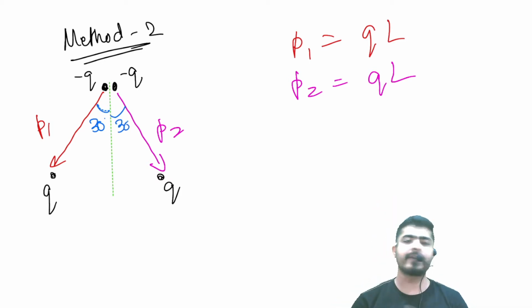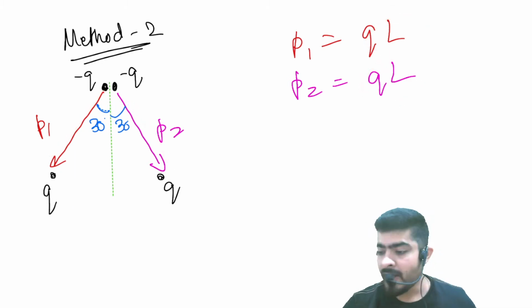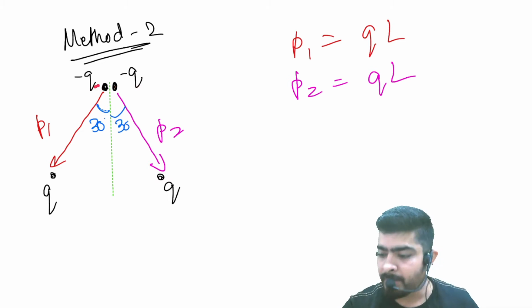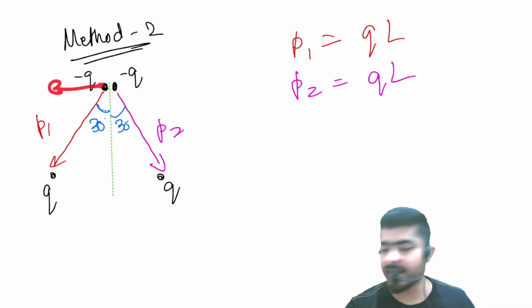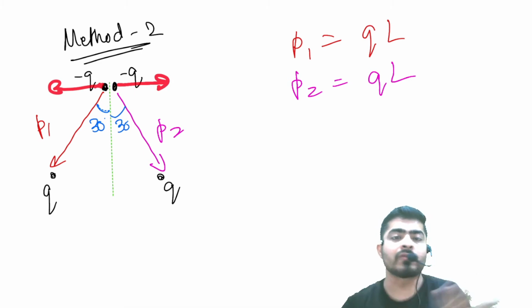Both the angles are 30, and P1 P2 both are equal in magnitude, so their x components will cancel out. X component of P1 is in this direction, x component of P2 is in this direction. They are opposite to each other, so they cancel each other, simple.